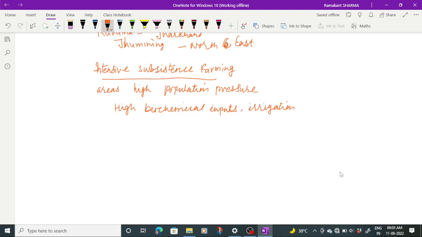In primitive subsistence, no irrigation was there. It was totally dependent upon the monsoon, and here high biochemical inputs are given. In primitive subsistence, the farming was totally dependent upon the natural fertility of the land.